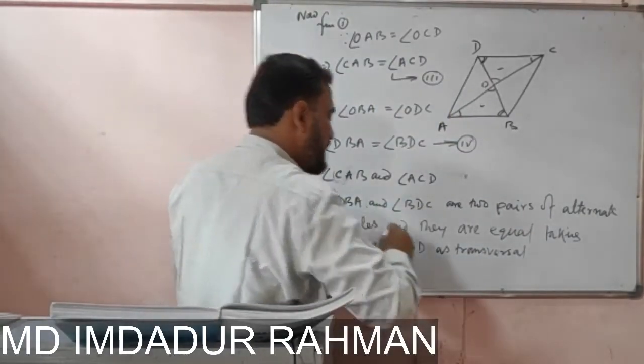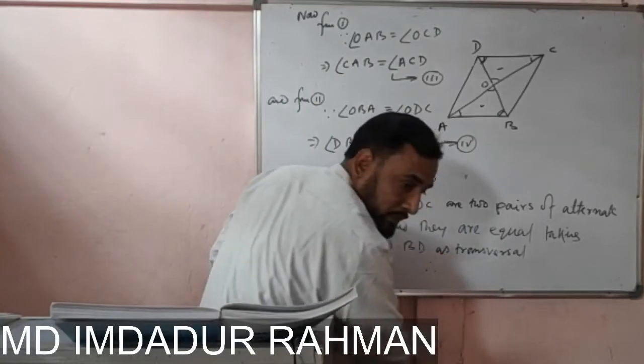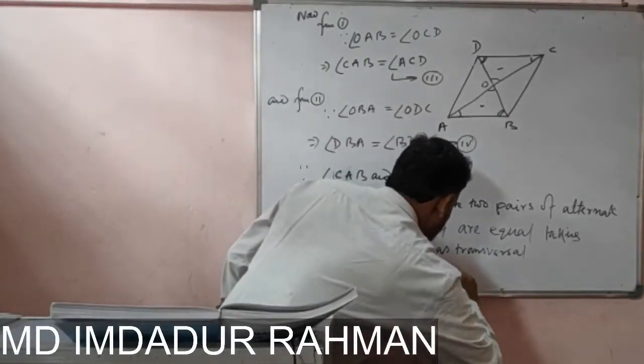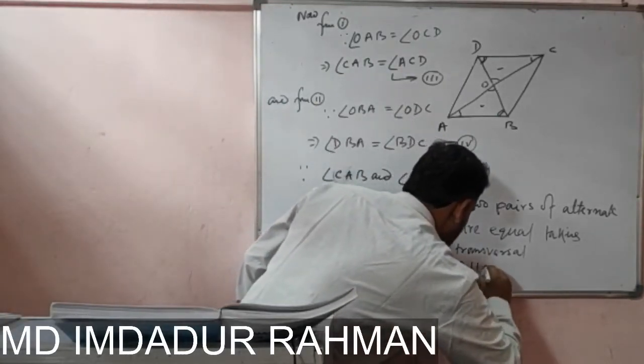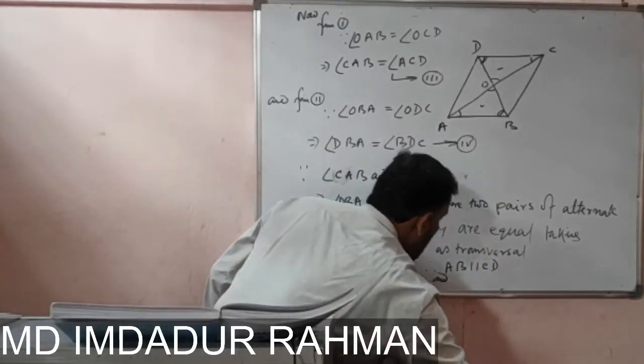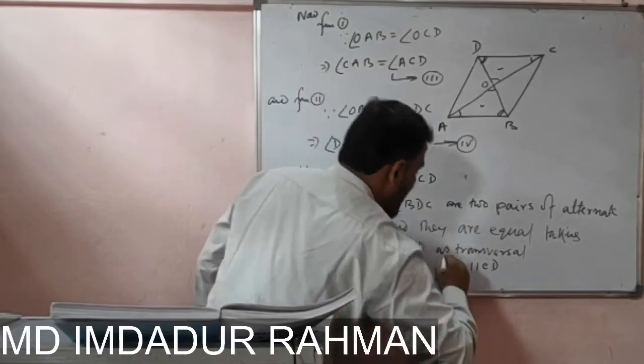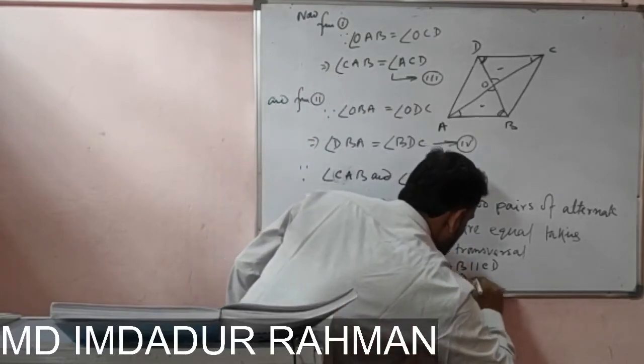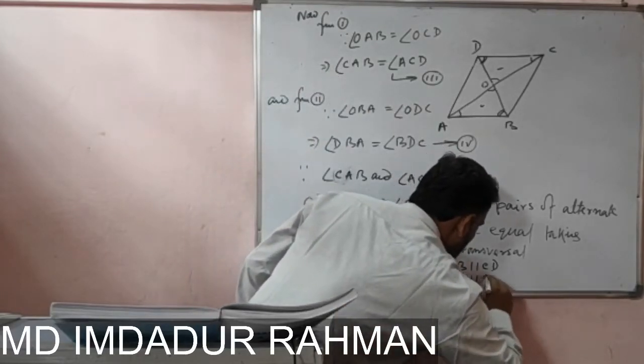So we can say that therefore AB is parallel to CD and AD is parallel to BC.